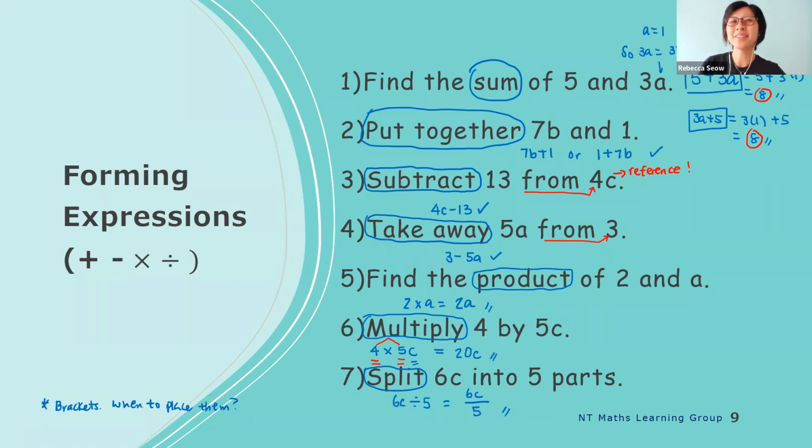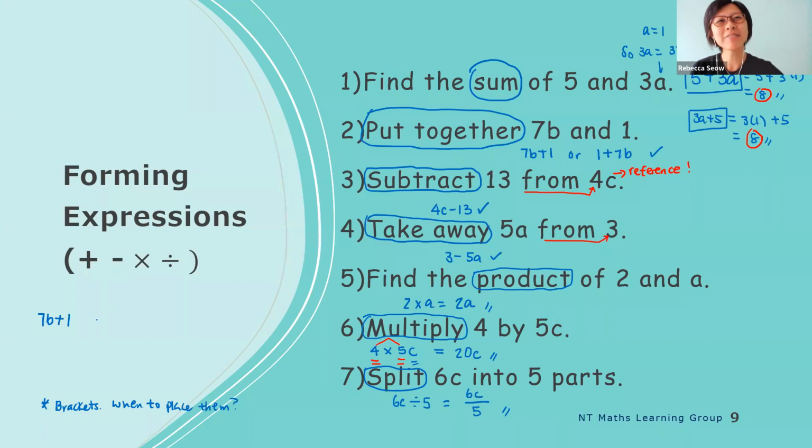We use brackets usually when there is a unit involved. For example, let me take the answer from question 2, which is 7b plus 1. Let's say this answer is part of a word problem, perhaps with regards to the number of stems.